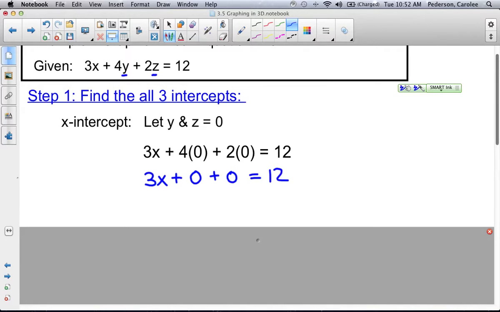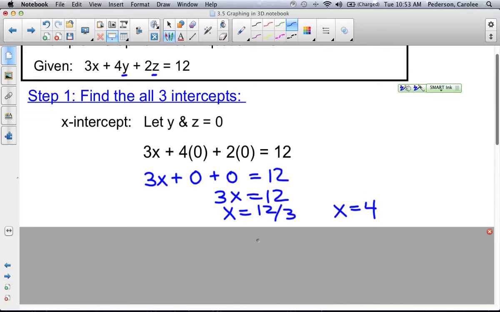So our equation now looks like 3x equals 12. So then we just solve that equation for x. So we divide both sides by 3. So x equals 4. So if we think about where it touches on the x-axis, it is x equals 4. It's a positive 4, so in that case it's going to move to the front 4 units.